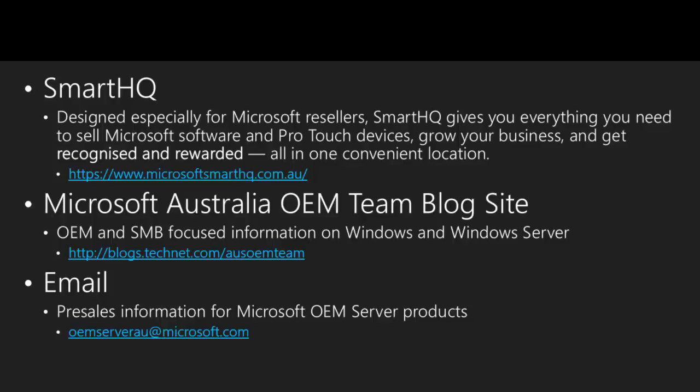We've also got the Microsoft Australia OEM team blog site, which is primarily focused on Windows Server, some Windows 10, with a bit of a strong SMB focus, and that's at blogs.technet.com/ozoemteam. And then there's also the pre-sales information for OEM server products at oemserverau@microsoft.com, and generally we get answers back to you fairly quickly on that one.